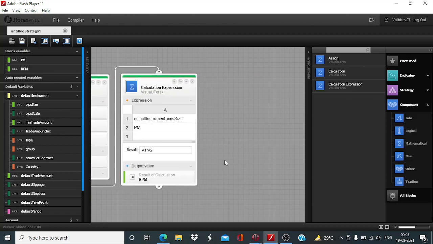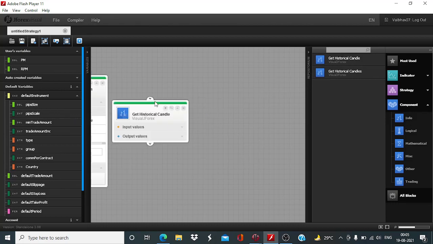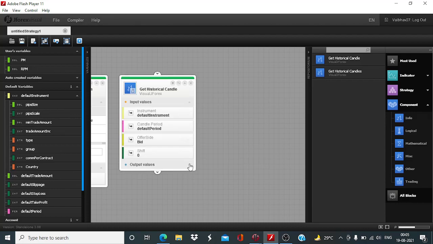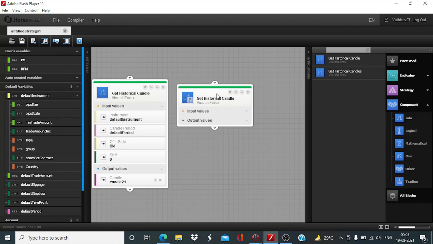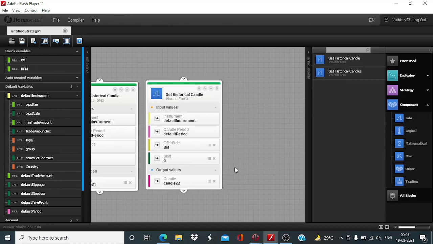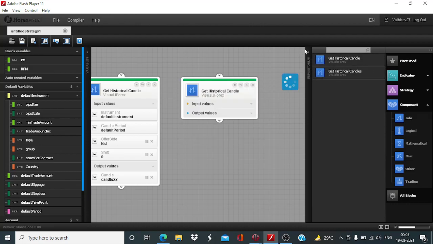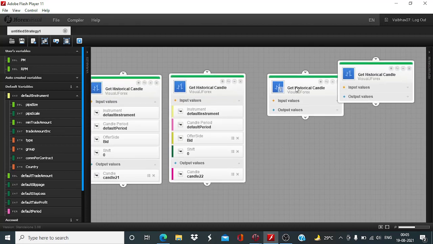After this, we will also need 5-minute blocks, the info blocks, and two more of 10 seconds each to pinpoint the exact entry point.